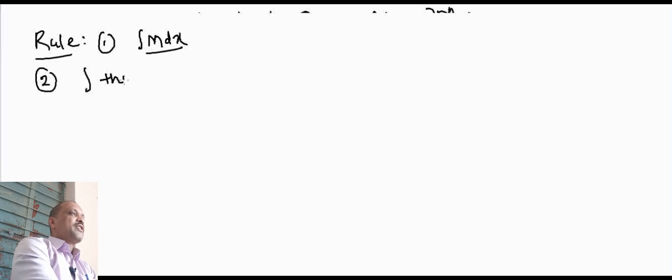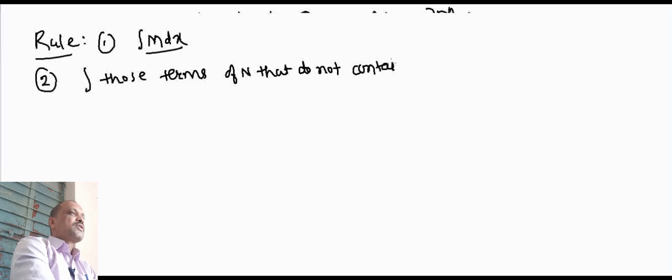Then second, integrate those terms of n that do not contain x, with respect to y.